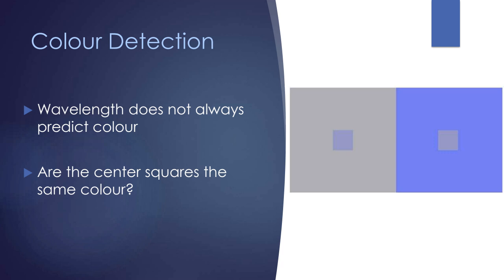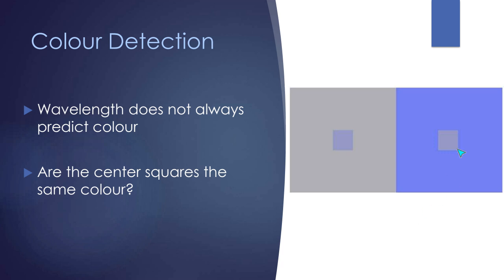So there's not a one-to-one relationship between wavelength and color. And as we can see in this demonstration that I'm going to show you, wavelength itself does not always predict the color that we will see. So if we look at the square on the left and the square on the right.